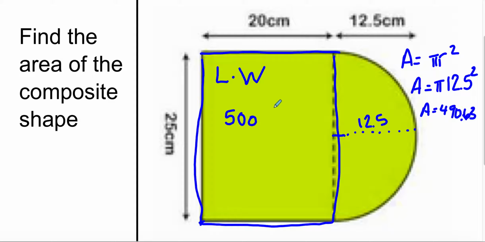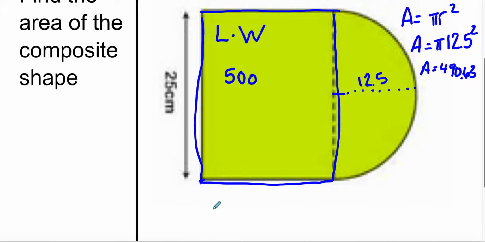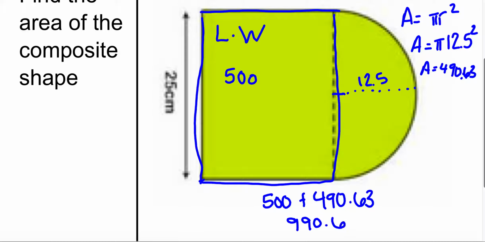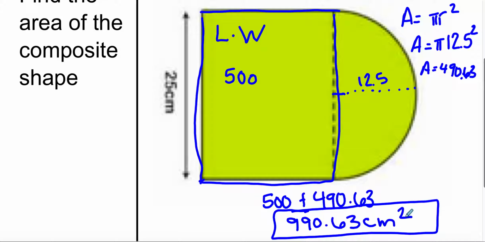So I know that the area of the rectangle is 500. The area of the semicircle is 490.63. So I just need to add those together. 500 plus 490.63 is going to be 990.63 centimeters squared for area. So I now know that the area of this composite shape is that.